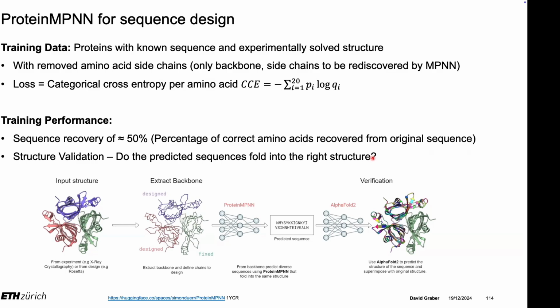And the loss then is just a categorical cross entropy per amino acid. And if they train the model like this, the sequence recovery reaches around 50%. So ProteinMPNN can rediscover about 50% of all amino acids of the original sequence correctly.